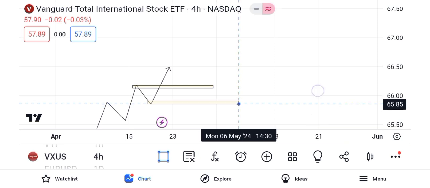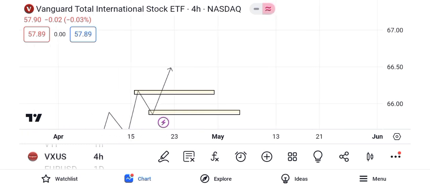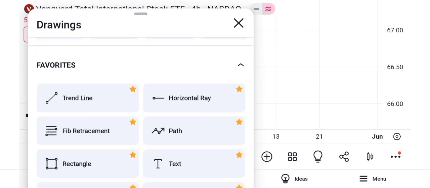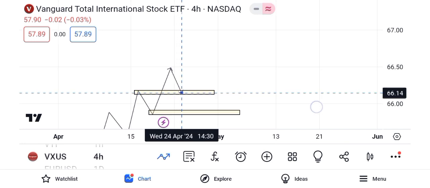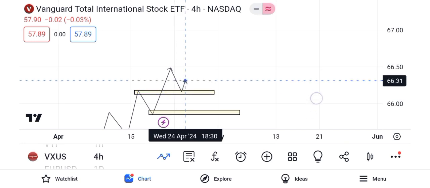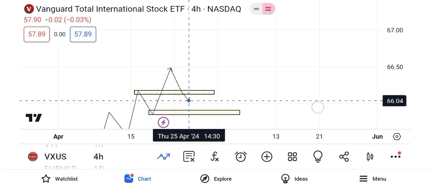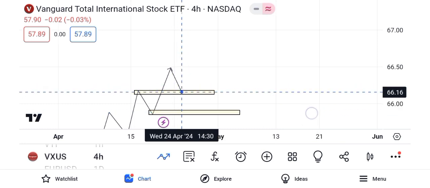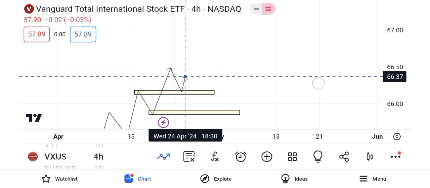Now that we've drawn our key zones or support zones at the swing points, as traders we'll be looking for buying opportunities on this key zone, this key zone, or this key zone, right? It's likely that the market will drop down to this key zone, then we look for buying opportunities here.